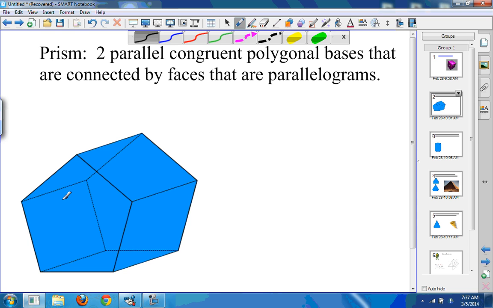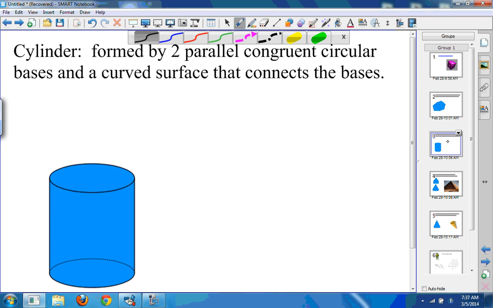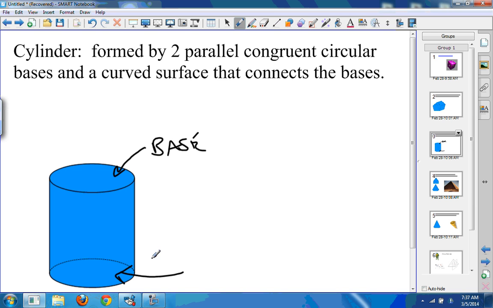All right, the next shape we have is a cylinder, which all you guys should be familiar with, kind of like a Coke can. We just have 2 circles that are our bases. So we have a base here, and we have a base here. And the face is the round part around.